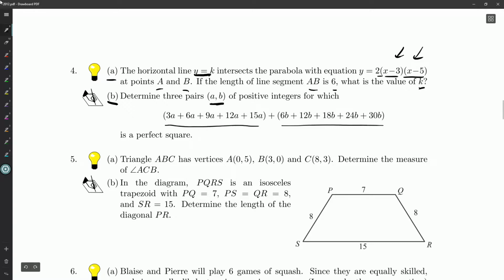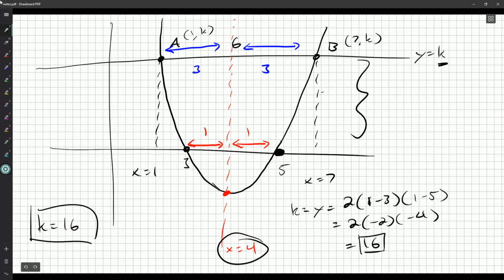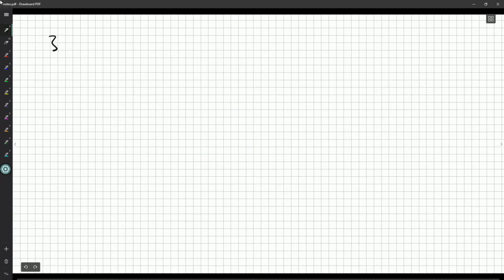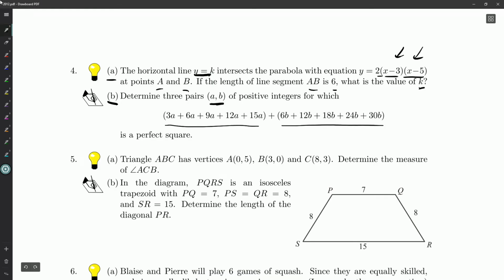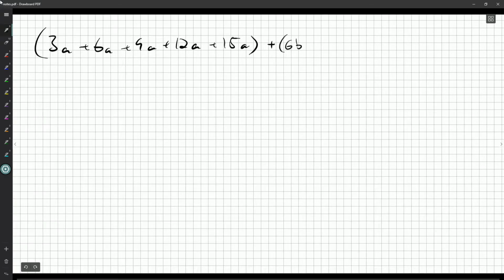So we've got a lot of A's, a lot of B's here. Let's just write this expression down. 3A, 6A, 9A, 12A, and 15A, I believe was what I saw there. And then it looks like the coefficients in front of the B's are twice that in front of the A's. So we get 6, 12, 18, 24, and 30.